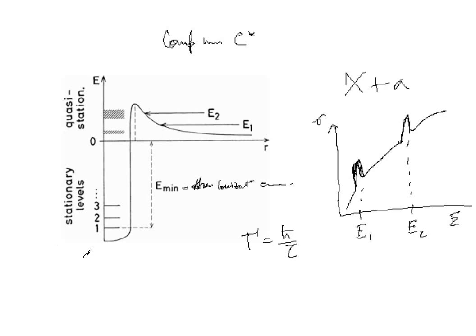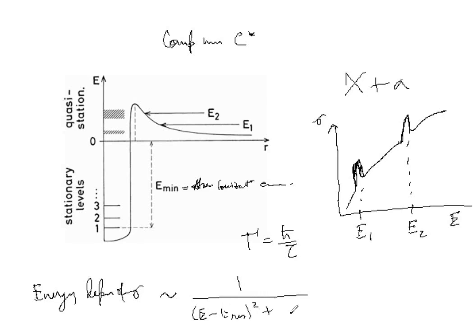Now, what about the energy dependence of this resonance? So, energy dependence of this cross section has a form, in fact, of the order of E minus E resonance whole square plus this width by 2 whole square. This is the form.